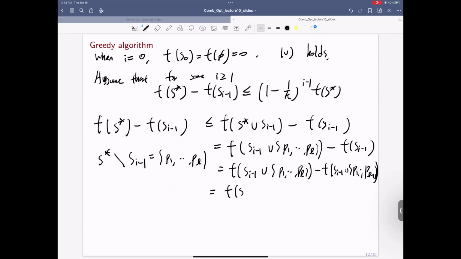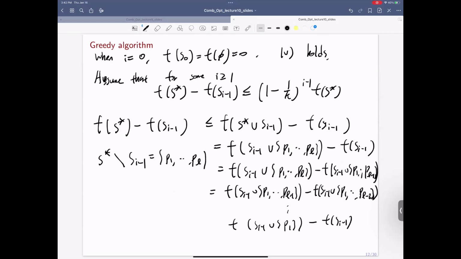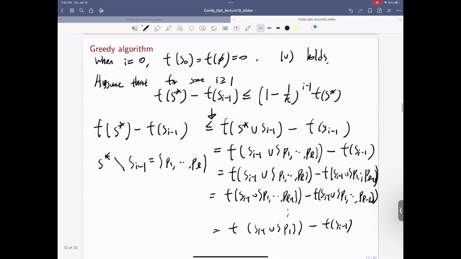And here I have S_{i-1} union P1 through P_{L-1} minus f of S_{i-1} union P1 through P_{L-2}, and so forth, and you have f of S_{i-1} union P1 minus f of S_{i-1}.